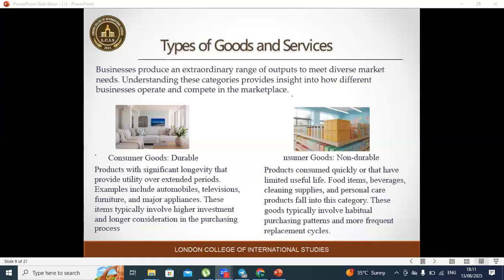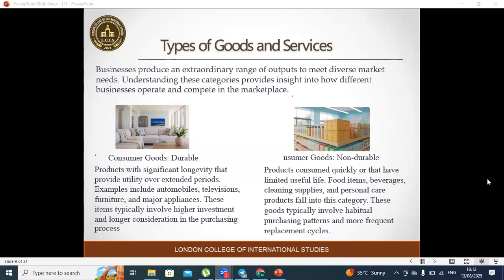Types of goods and services. Businesses produce an extraordinary range of outputs to meet diverse market needs. Understanding these categories provides insight into how different businesses operate and compete in the marketplace. So, we will differentiate between goods and services.